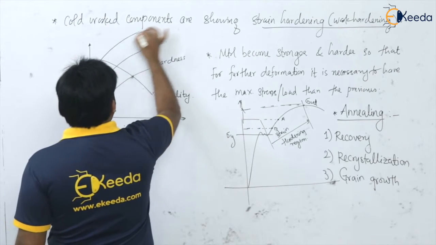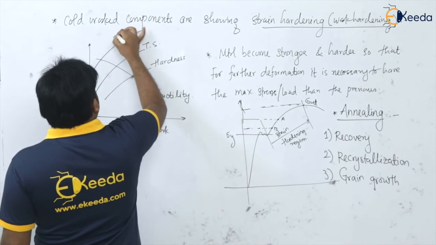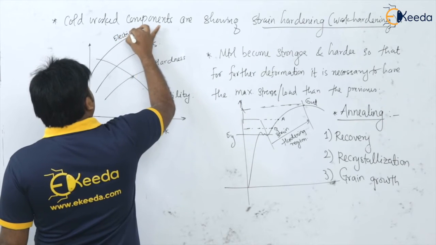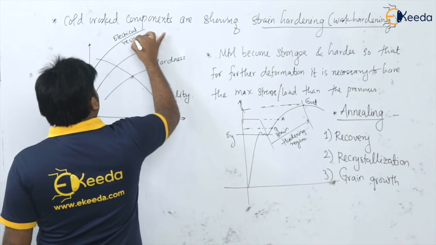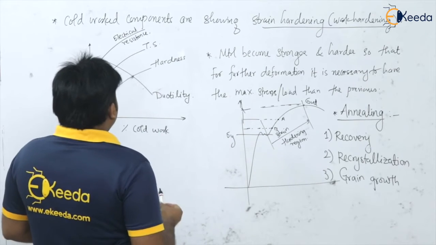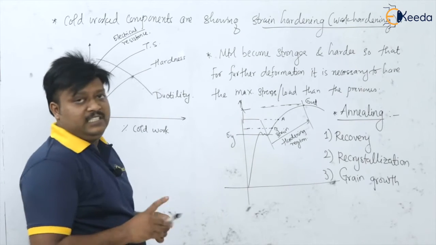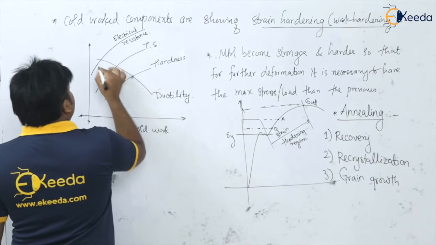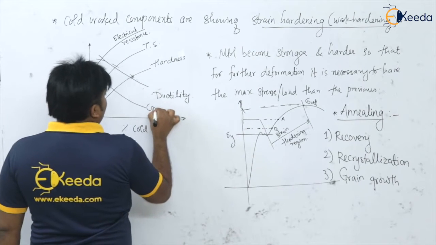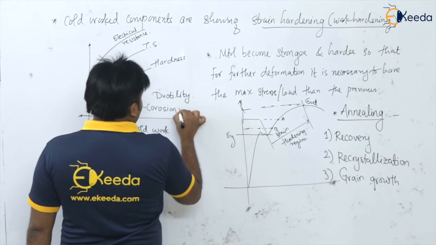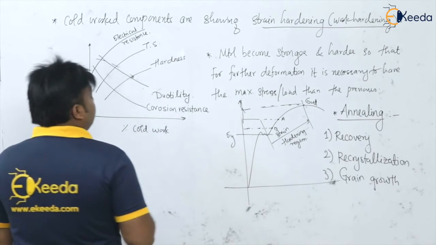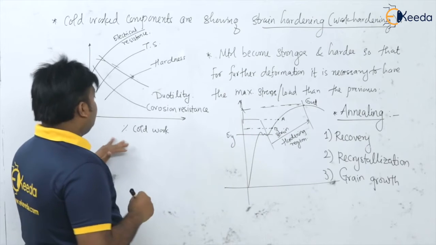If I show here, because of cold working, internal residual stresses are there, and because of that the electrical resistance of the material goes on increasing, and there will be a decrease in corrosion resistance, or you can say the chemical reactivity goes on increasing because of cold working.